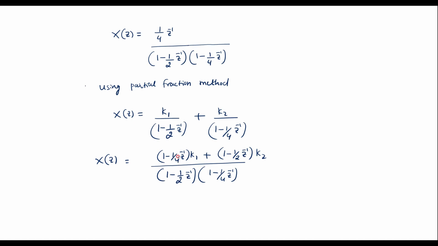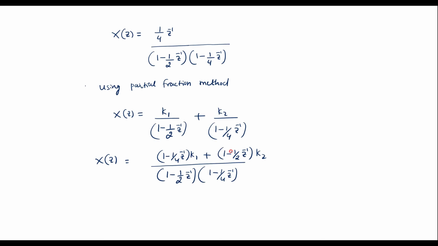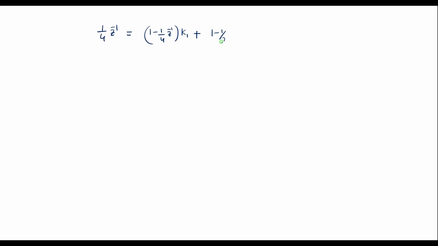That is, 1 by 4 z inverse is equal to 1 minus 1 by 4 z inverse into k1 plus 1 minus 1 by 2 z inverse into k2. So now to find the constants k1 and k2, put z inverse equal to 4.